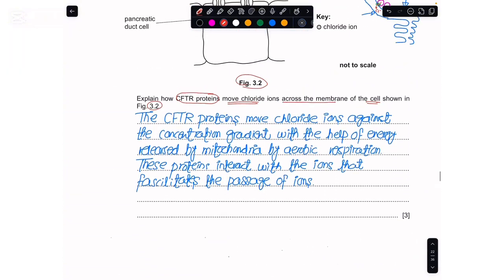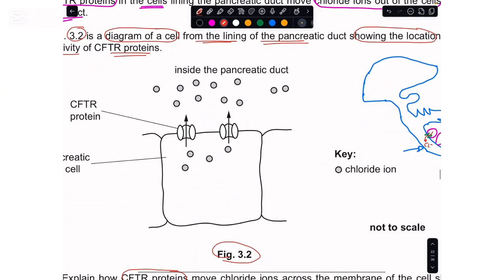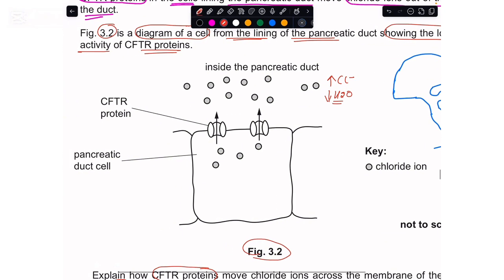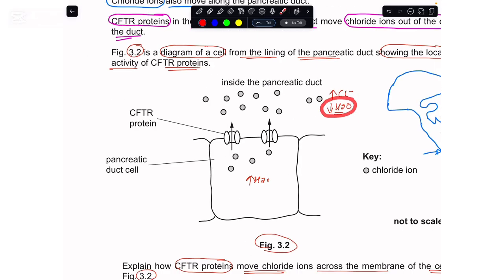As I have explained above, we have a lot of chloride ions here that reduce the water potential on the outside of these pancreatic duct cells, and inside the cells the water potential increases. That implies the water moves out of the pancreatic cells into the pancreatic duct by osmosis, because the higher concentration of chloride ions reduces the water potential.